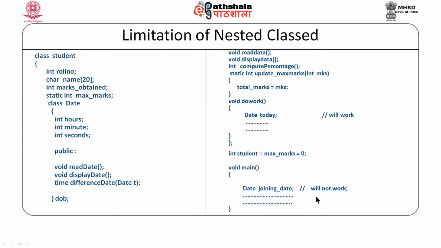Because this date class is local to student class, therefore, it is only accessible in the member function of student class and it is not accessible in any function which is outside the student class, and main is not the member function of student class, it is outside. Therefore, this data type defined inside the student class will not be accessible.